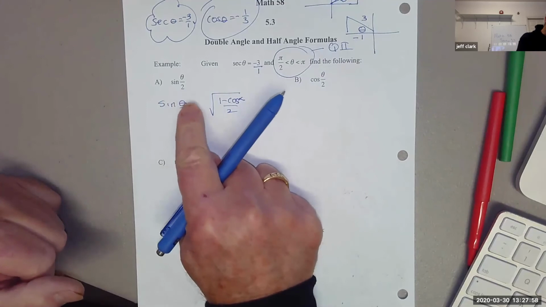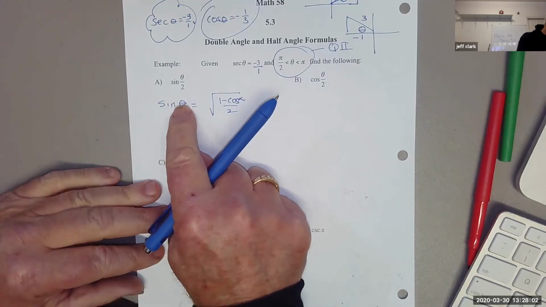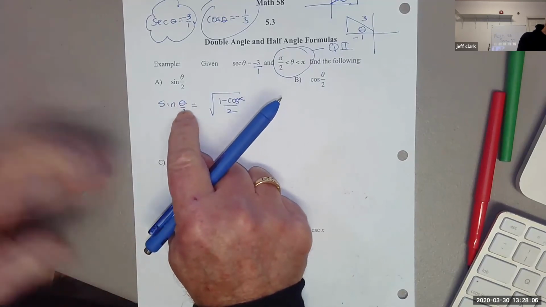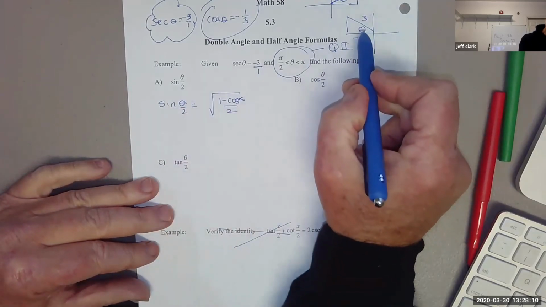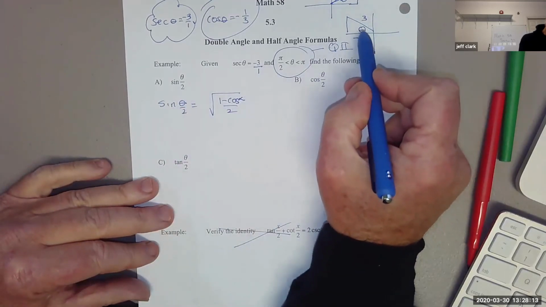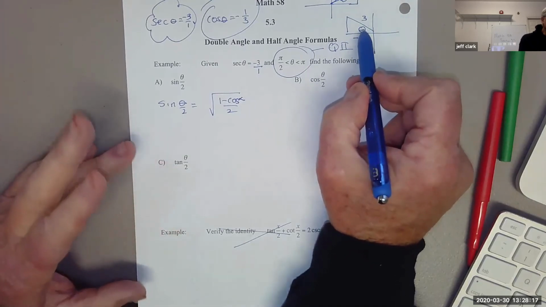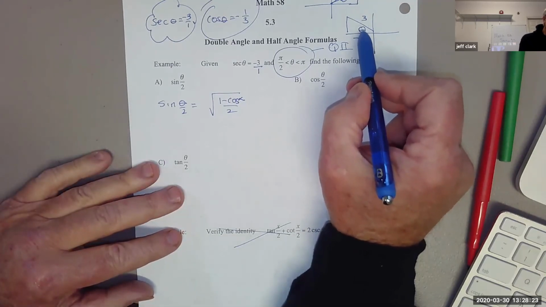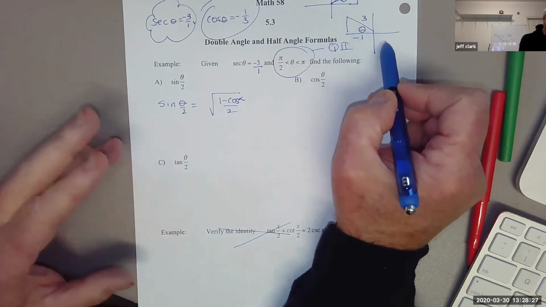Where would the original angle actually be sitting? If I knew the theta, think about doubling the original angle. If I doubled this angle, what quadrant would I be in over here? You could think of it like, gosh, what's an angle that's in here? Like 170 degrees. If I doubled 170 degrees, wouldn't the original angle be over here? Yes, 340.